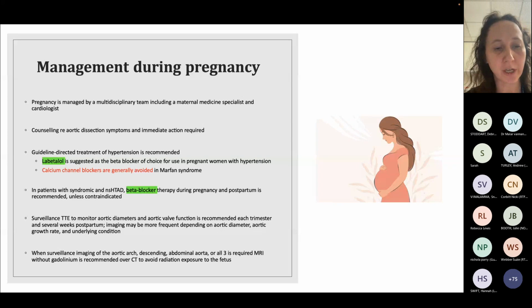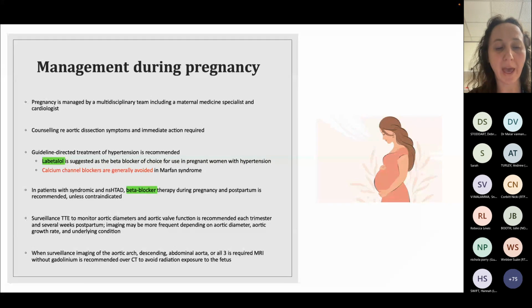All patients should have surveillance imaging monitoring for both aortic diameters, but also aortic valve function. And the standard test that would happen is the echocardiogram that should happen at least each trimester. But the imaging might be required to be performed more frequently, depending on the aortic diameter and also growth rate of the aorta.